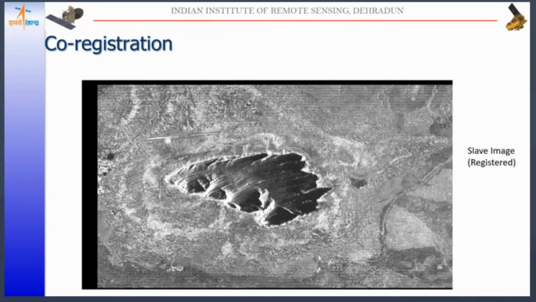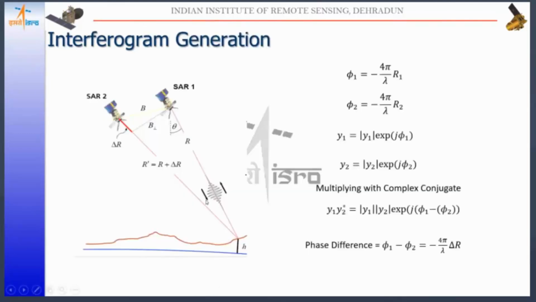After that, we have to form the interferogram. So how to form the interferogram? We have the relation. If we have two SAR images, SAR1 and SAR2, then we have two phases. The formula is 4 pi by lambda R1 and 4 pi by lambda R2.